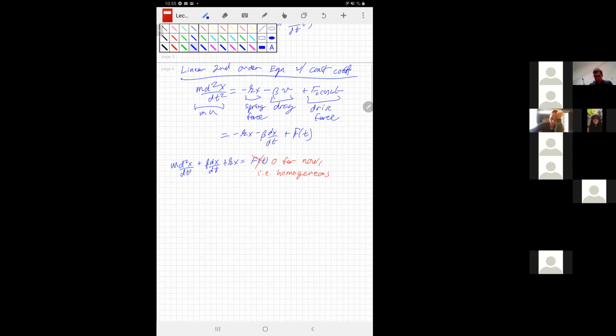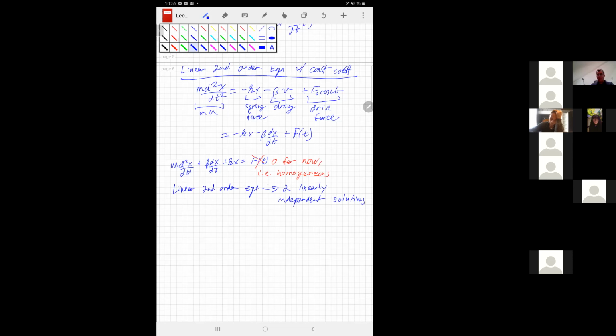And because this is a linear second order equation, it has 2 linearly independent solutions.